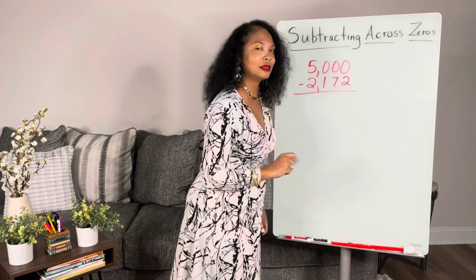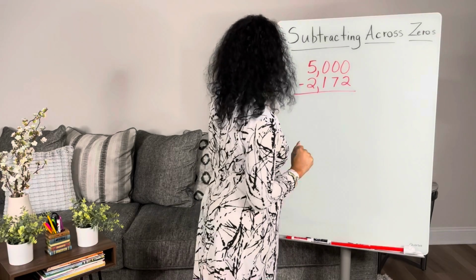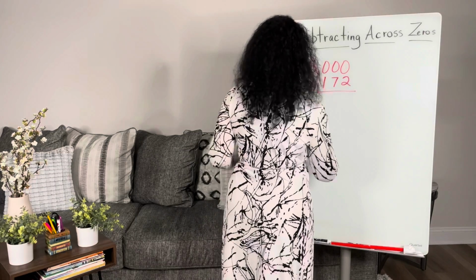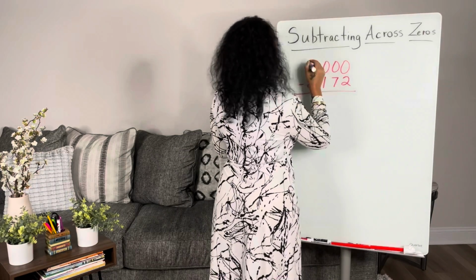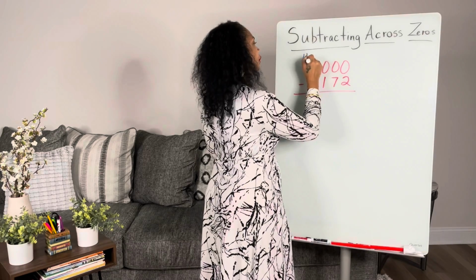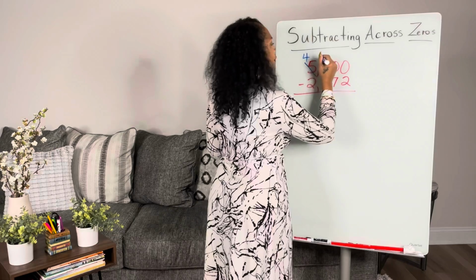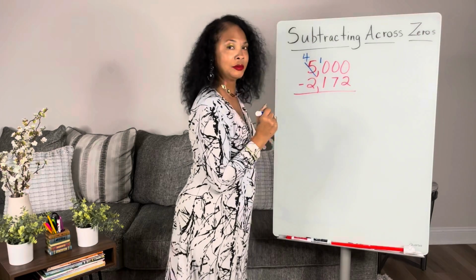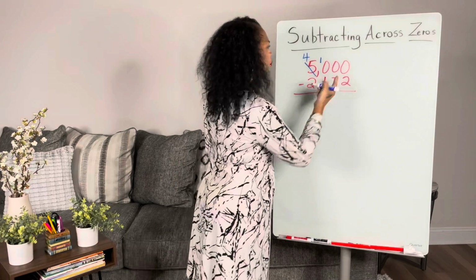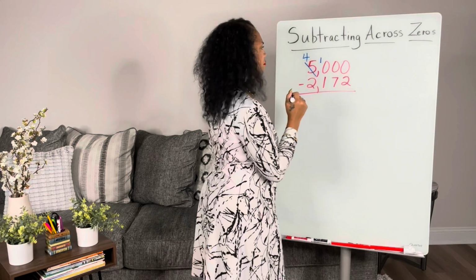Oh my goodness, there is a 5 there. So you can borrow from that 5. So in the hundreds place, they're going to borrow 10 from there. So that goes down to 4. And you have a 10 now, right? Okay, but we are borrowing from that 10.